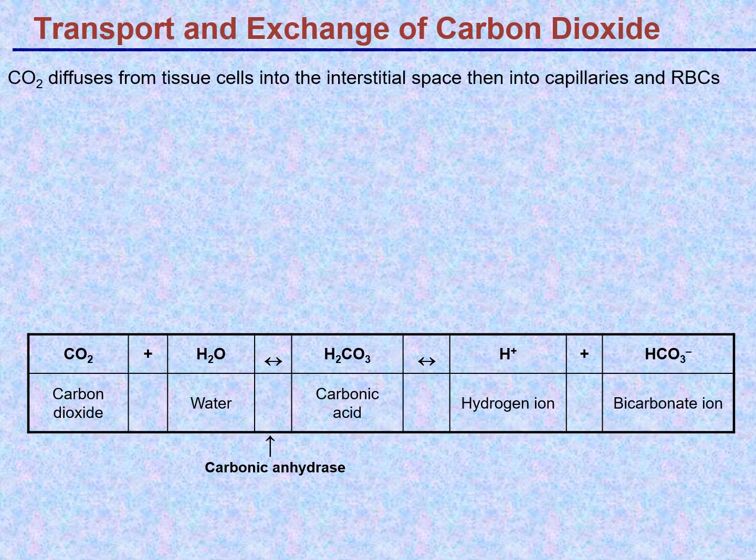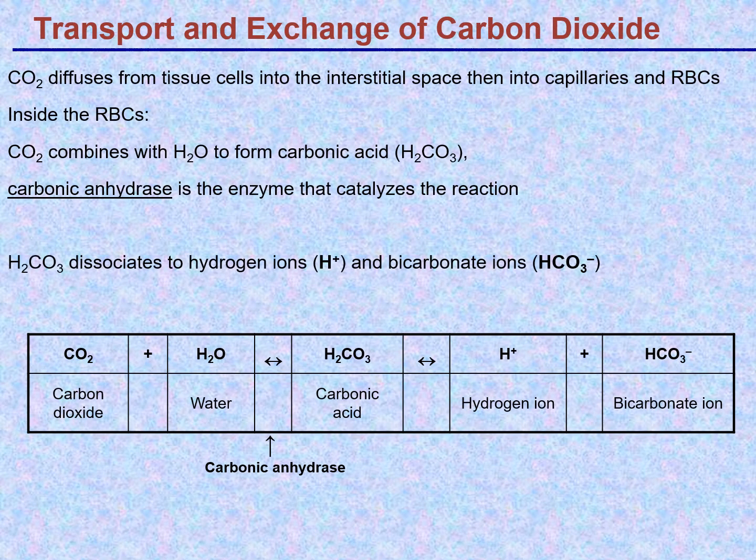And that occurs due to the following chemical reaction, which is listed at the bottom of this slide here. And you really need to know this equation and understand it and be comfortable with it.